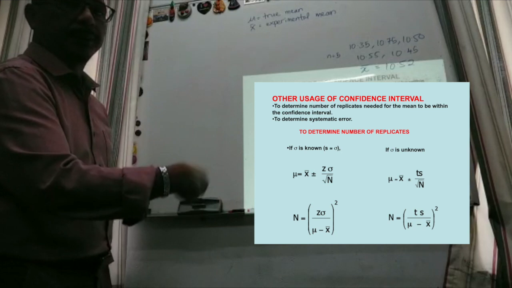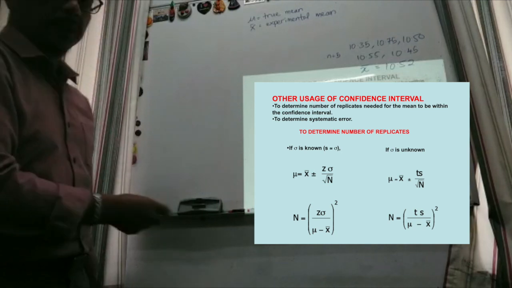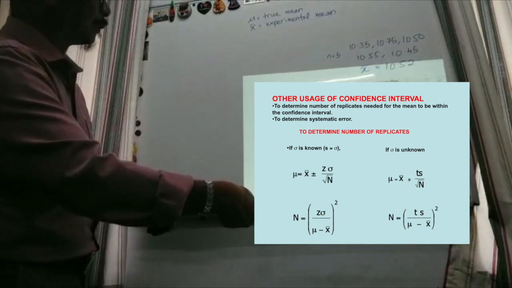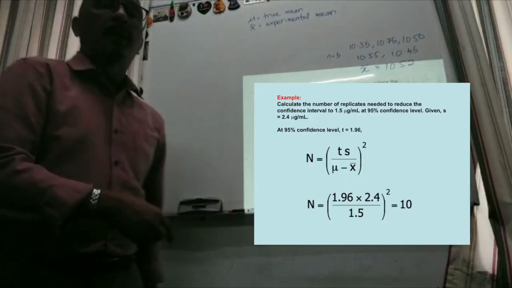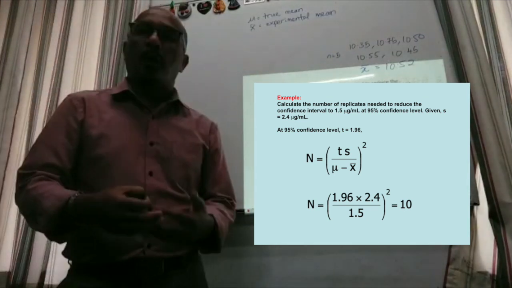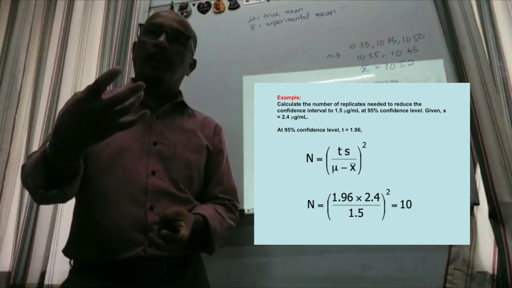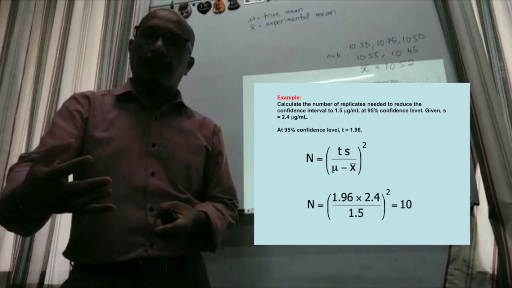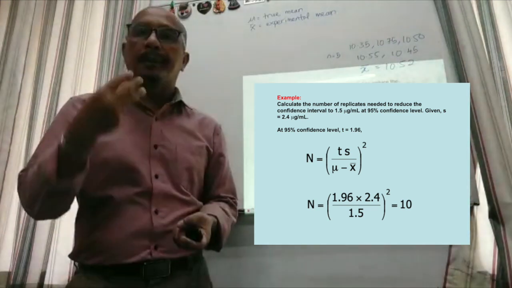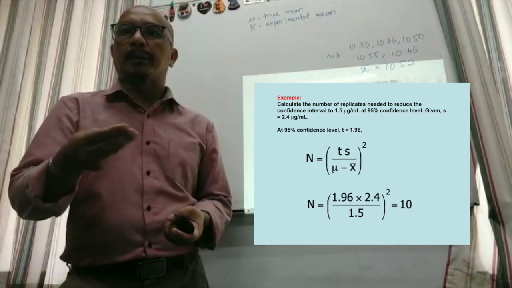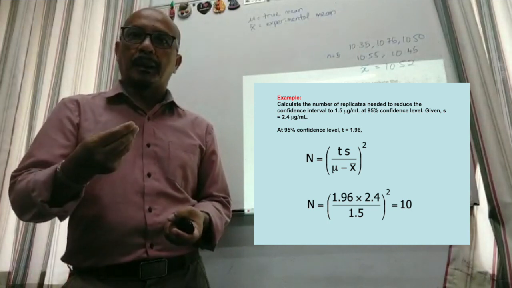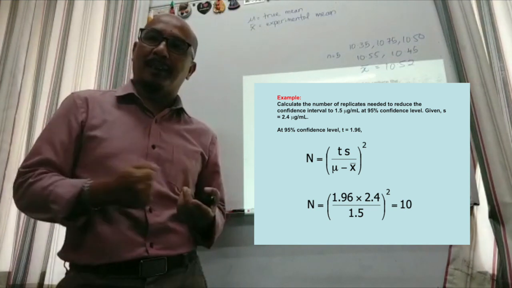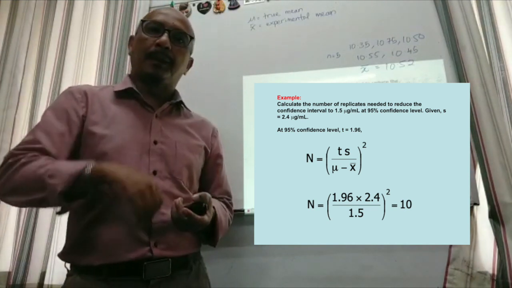The t value is the same as from the t table here. It's already given. I'm not going to discuss this, because normally we already set the number of replicates we need for an experiment. In normal practice, the minimum is 3 replicates. That is for the lazy man. Normal practice is 3.